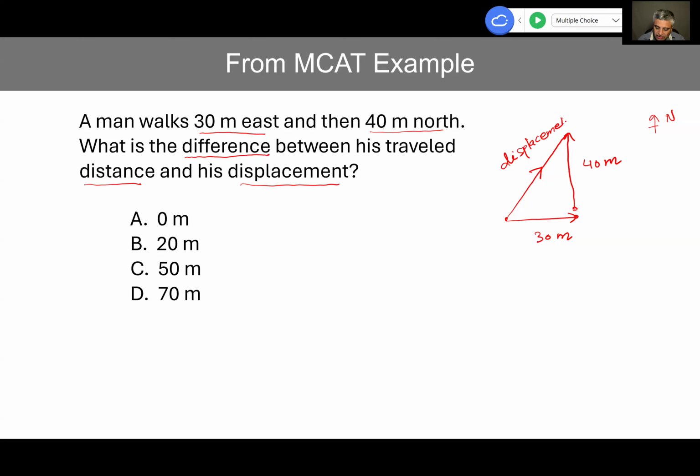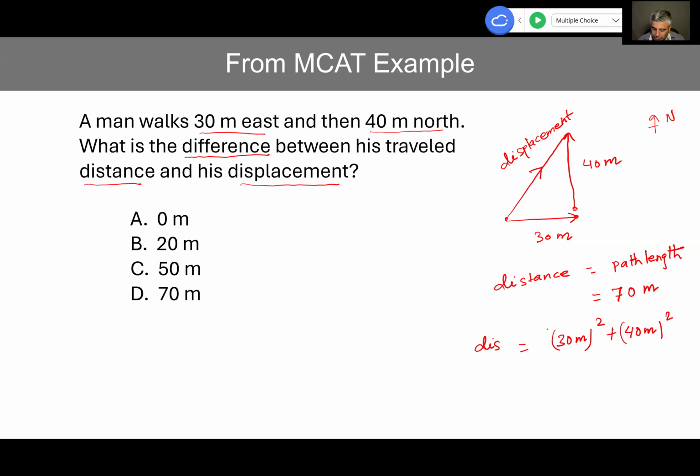And distance is simply the path length, right? So that means it's going to be just 30 plus 40, which is 70 meters. Displacement, on the other hand, is going to be the square root of 30 meters squared plus 40 meters squared.